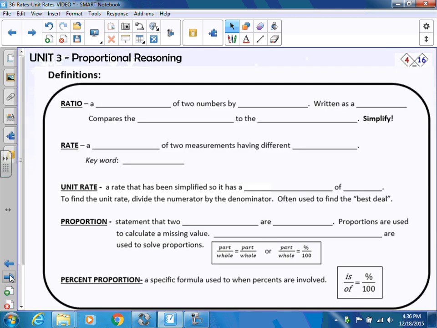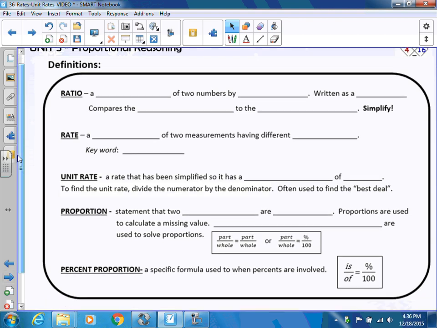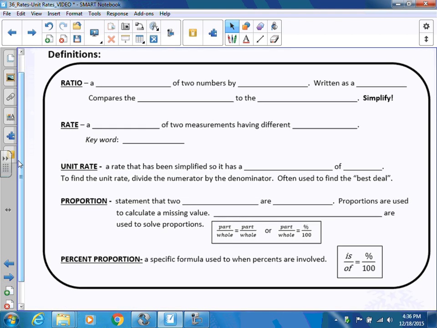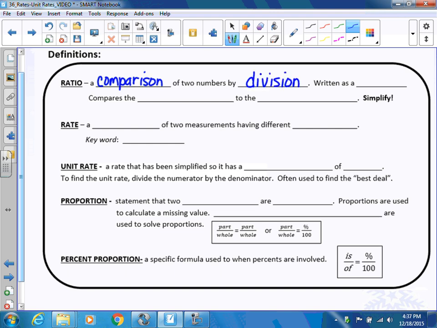Now, if you turn your notes over, we're on page 3, and this is just vocabulary that I want to go over to make sure you have it. Again, a ratio is simply a comparison of two numbers, and it's by division, and it's written as a fraction.